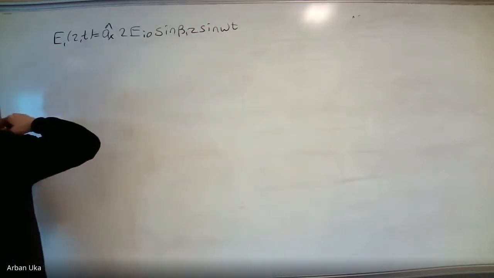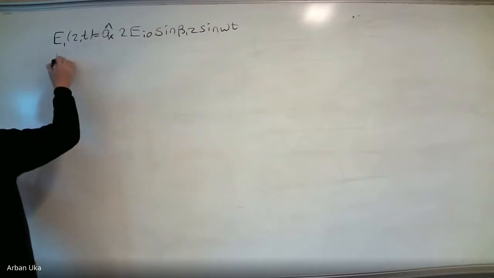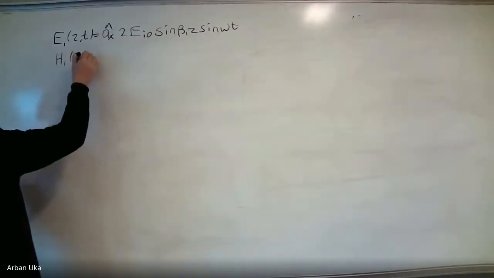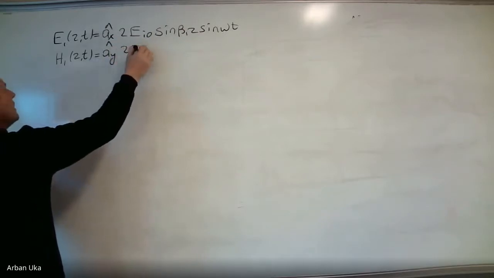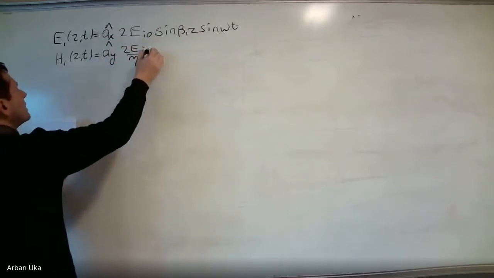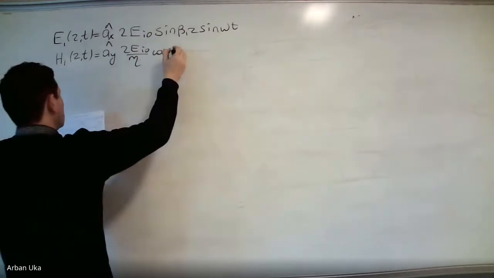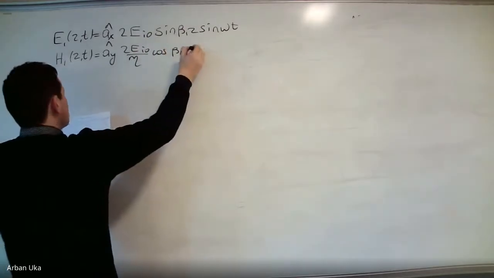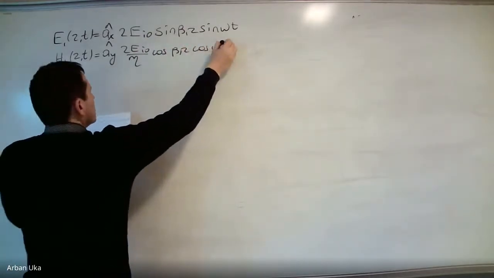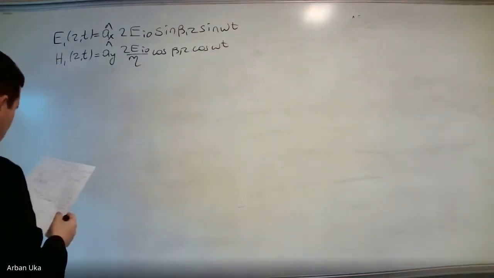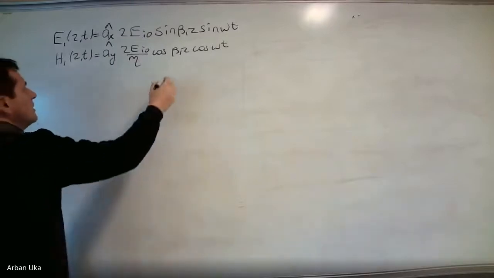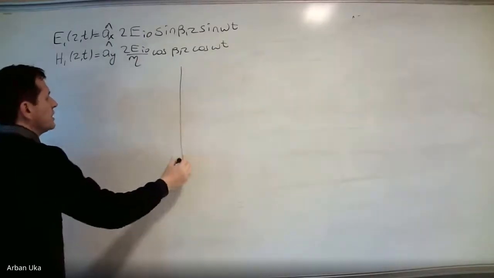And then we got also for the magnetic field intensity, H(z,t), this was equal to a_y times 2 E_i divided by eta, cosine beta_1 z cosine omega t. So this is what we get here for these two waves. And if we try to draw these two waves, we get the following.